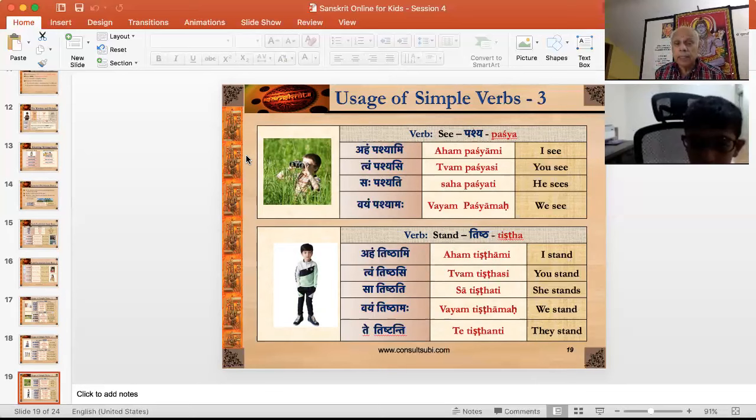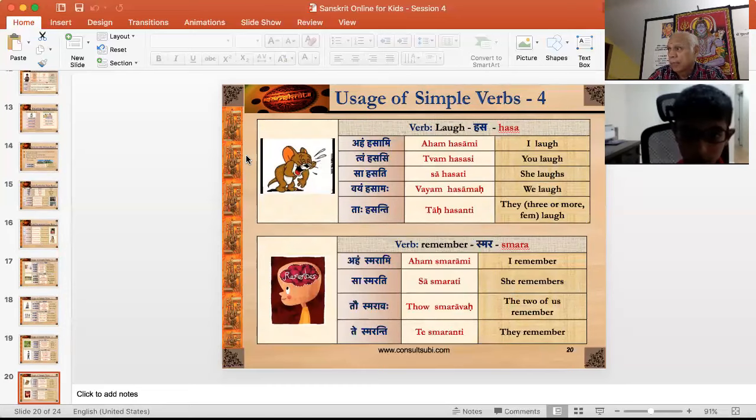We stand. Te tishtanti. You see, English you say see, but you have 4 different varieties here. Pashyami, pasyasi, pasyati, pasyamaha. Likewise, standing, tishtami, tishtasi, tishtati, tishtamaha, tishtanti. You see the variety? So each case is different.